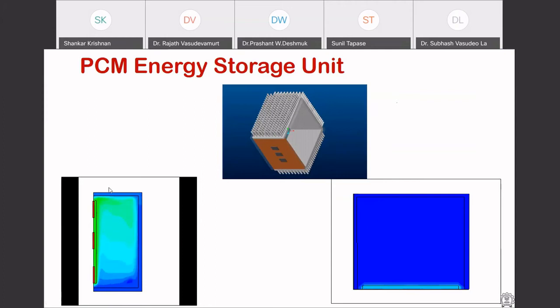All the walls, on the vertical, on the top, bottom, and the side, are cooled. The heating is happening from these 3 discrete heat sources, and there is a heat spreader placed next to it.